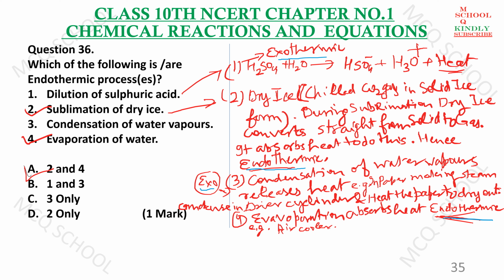So this is sort of exothermic process. 4. Evaporation of the water. Yes, this requires heat. So this is an endothermic process. So this is used in the air coolers. So correct answer is A, 2 and 4.